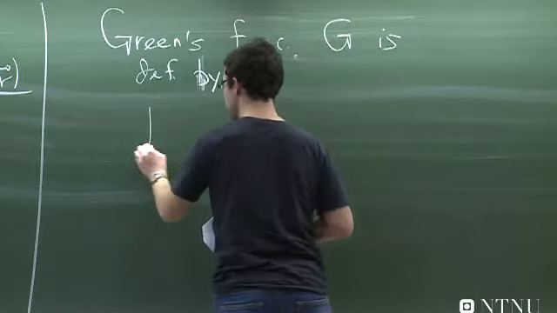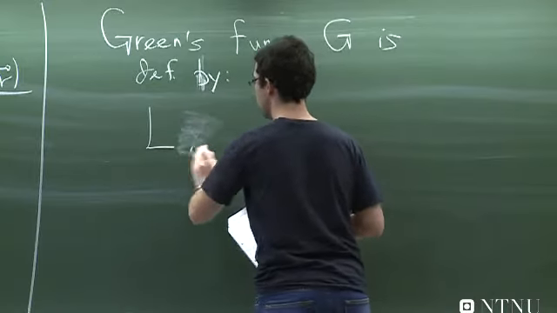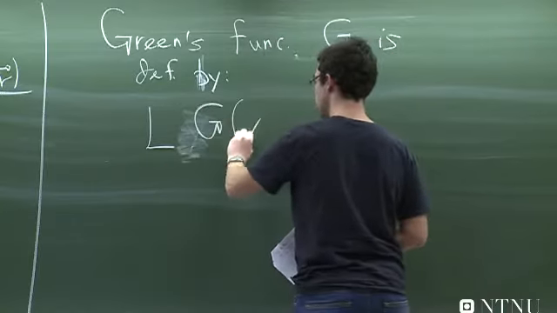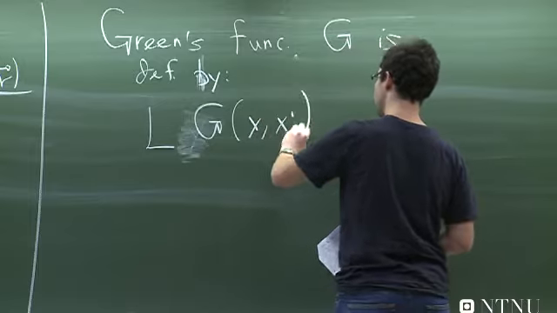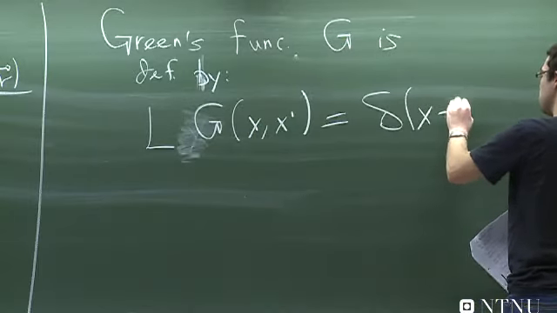It's the linear operator L on G, the Green's function, of x, x prime is equal to the delta function of x minus x prime.